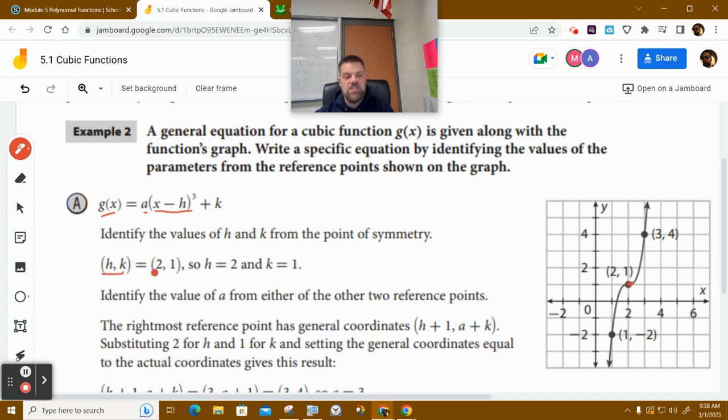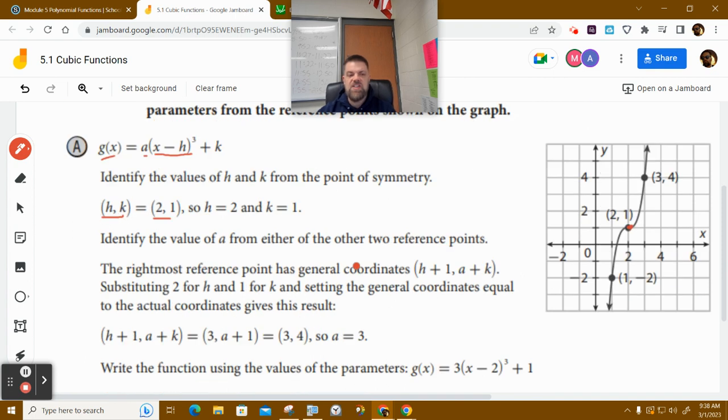So then we know that H comma K is 2 comma negative 2. Or I'm sorry, 2 comma 1. And so once we have H and K, the only thing we have to do is figure out what A is. So basically we have this graph, and we have 2 points, and they're asking us to find the equation. So I know what H and K are, but what's A?